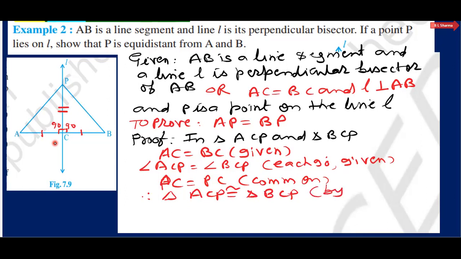By which rule? By side angle side criteria or by side angle side congruence rule. ये दो ट्राइंगल कॉन्ग्रुएंट हो गए. देखिए कौन सा? Triangle ACP and triangle BCP by the rule SAS, side angle side means two sides and included angle.